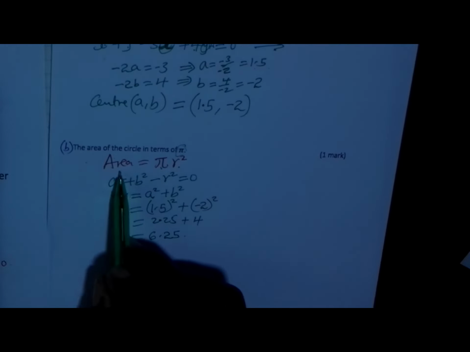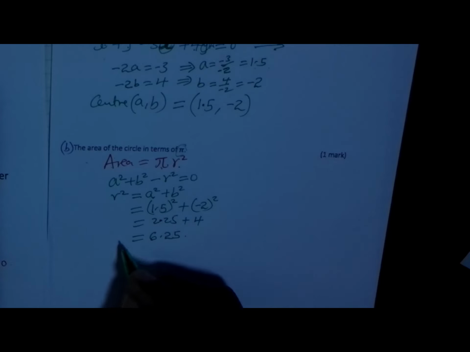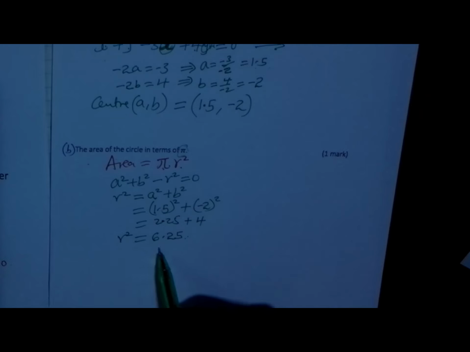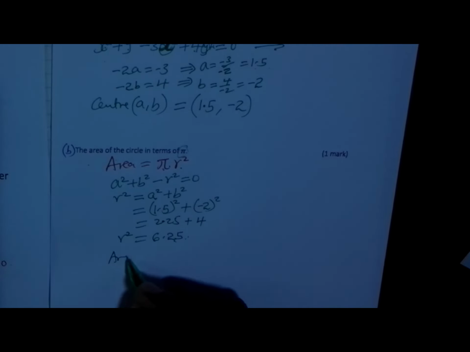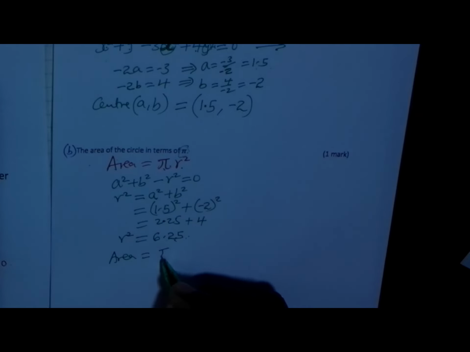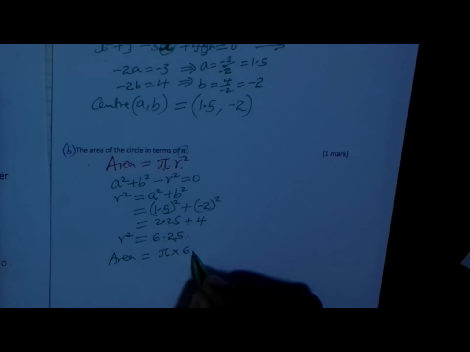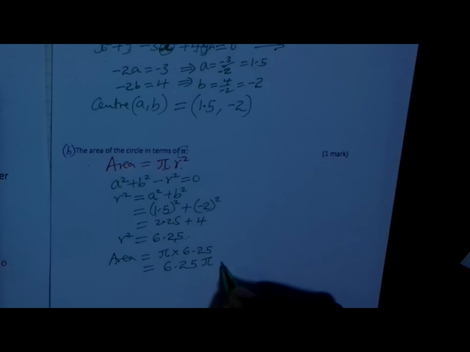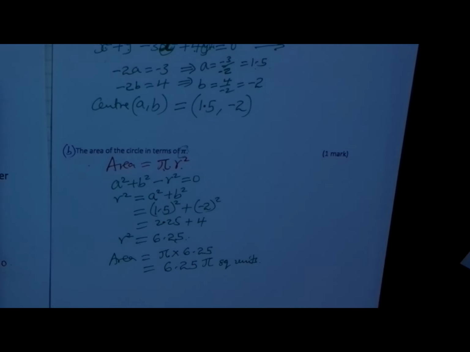The question requires us to find the area, and in our case here r squared is 6.25, so I don't need to find the square root of this value. So the area, which is pi times r squared, is 6.25 pi square units. And that is the area of the circle.